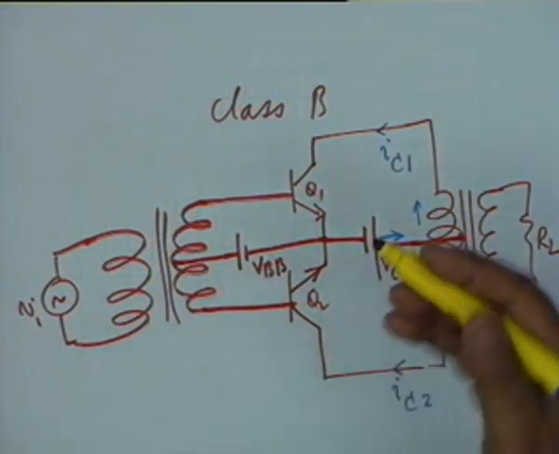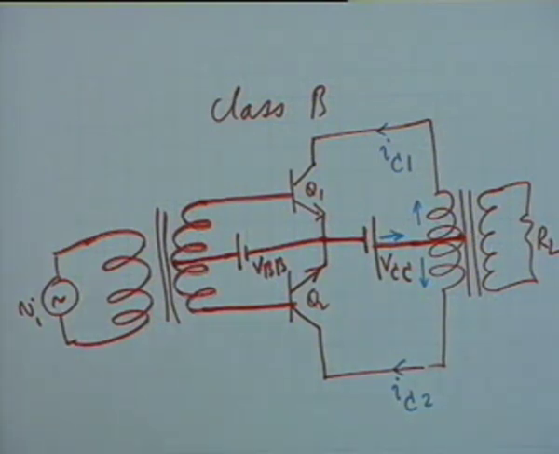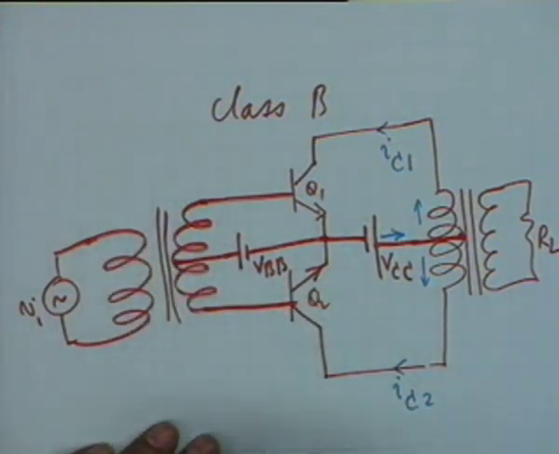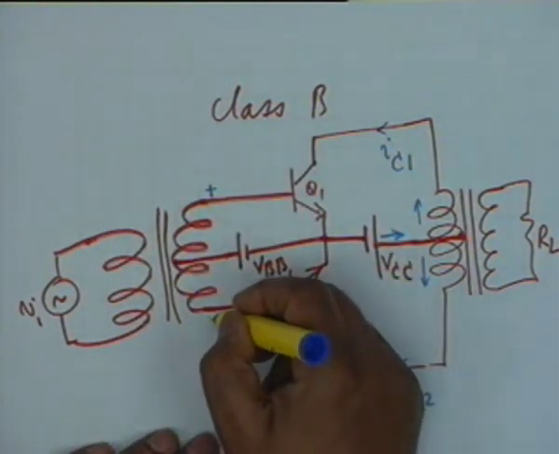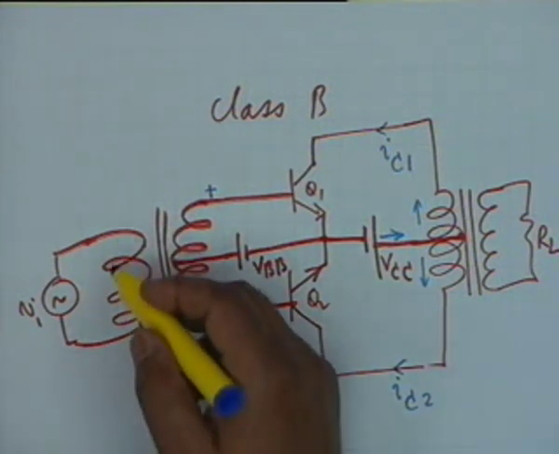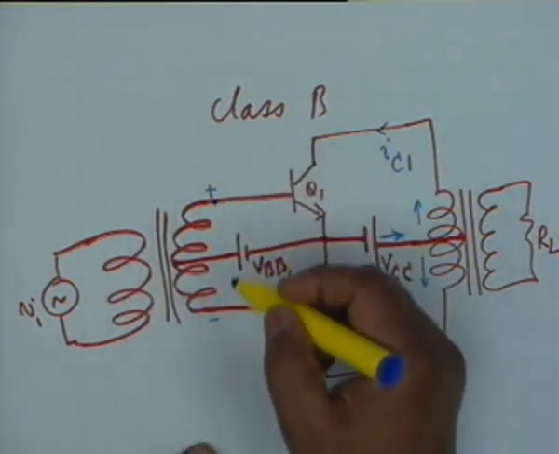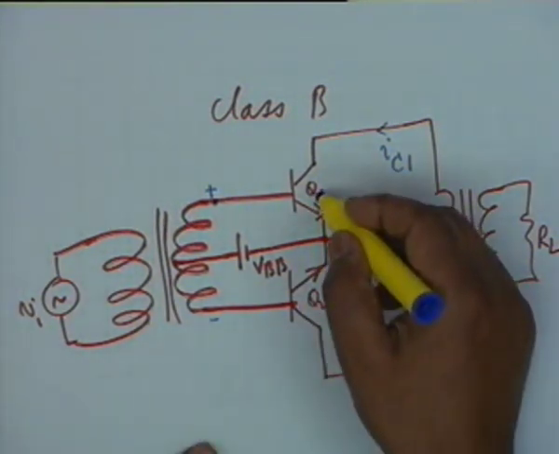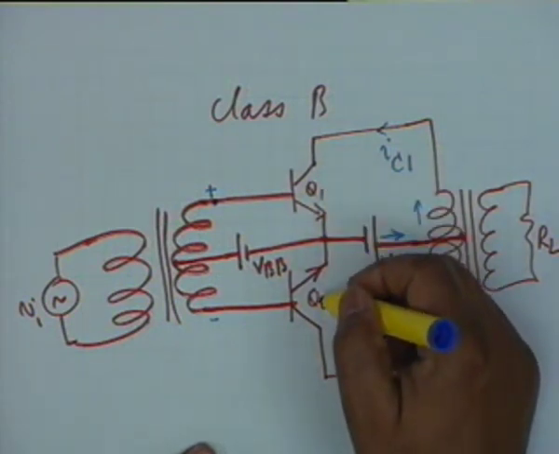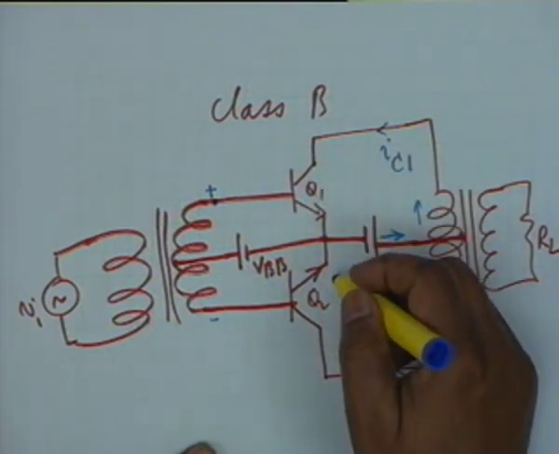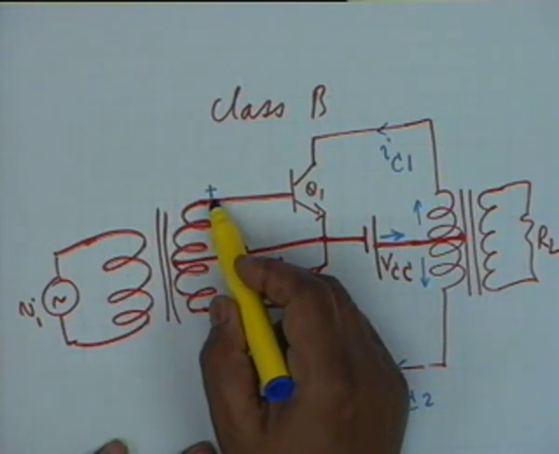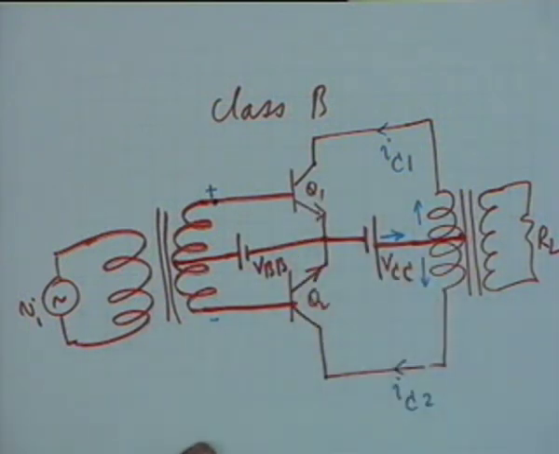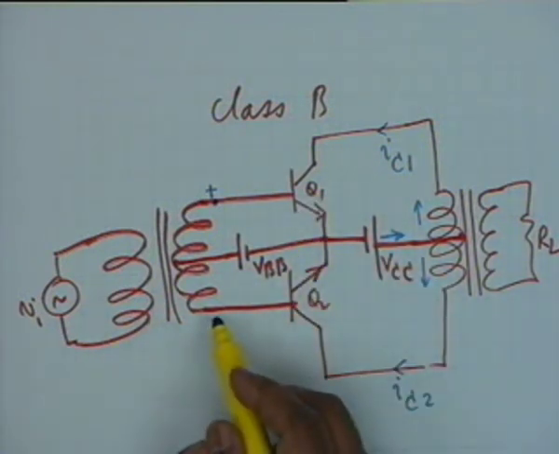Now let us look at what these I sub C1 and I sub C2 consist of. When the signal is such that the upper terminal is positive with respect to the lower terminal, obviously Q1 shall conduct, not Q2, because the Q2 base is then negatively biased.